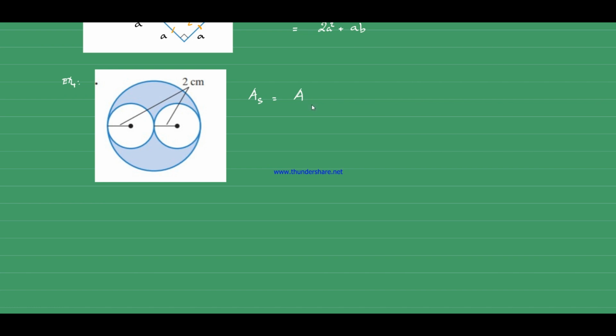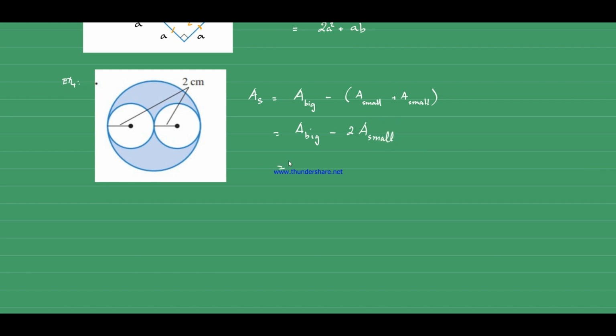minus the area of the big circle minus the area of two small circles, and the area of the two small circles is the same, so it's just the big circle minus 2 times the area of the small circle.